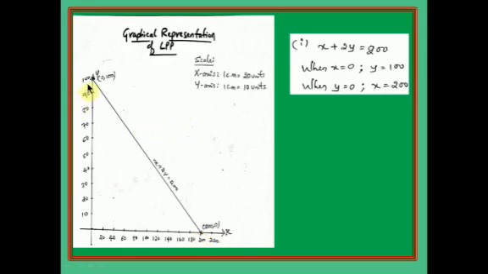And after this, these 2 points have to be joined using a straight line. See, the straight line has been drawn using these 2 points. And what equation is the straight line representing now? x plus 2y is equal to 200. That's why that specification has to be given here. This line is nothing but x plus 2y is equal to 200. Once after drawing any line, or multiple lines on the graph sheet, it is better to mention nearby that line which equation it is indicating.